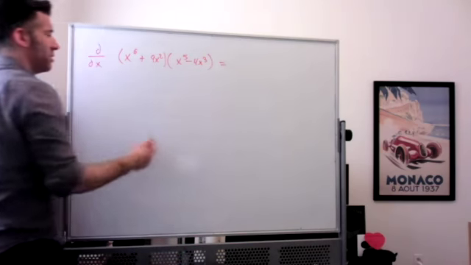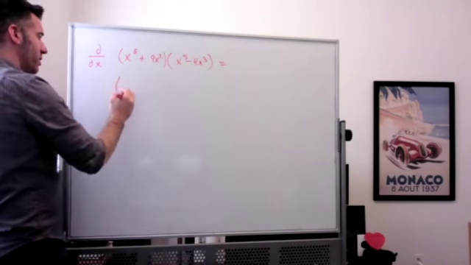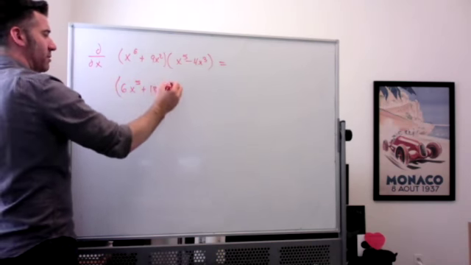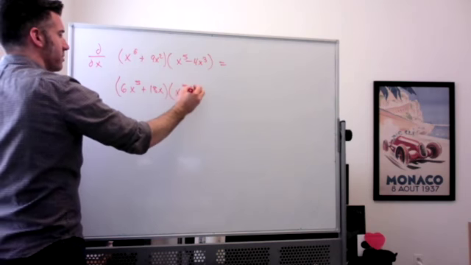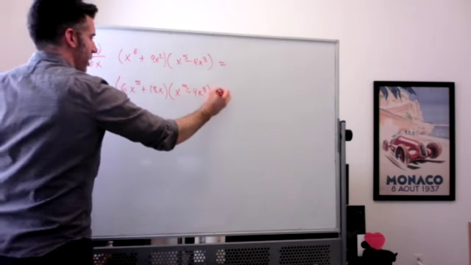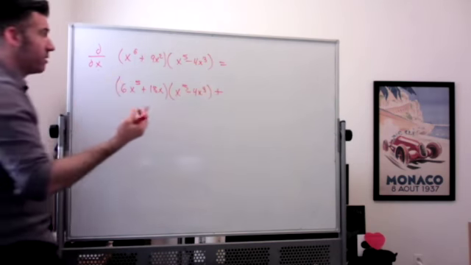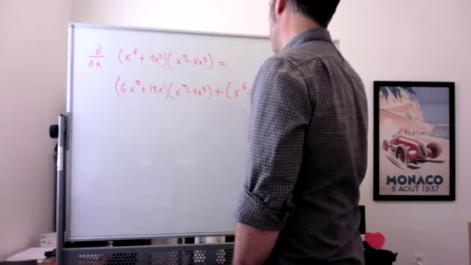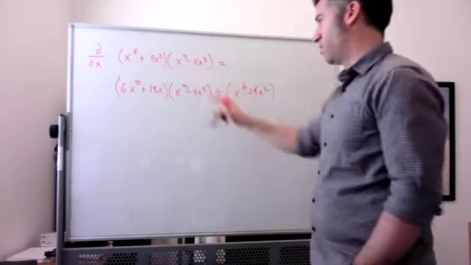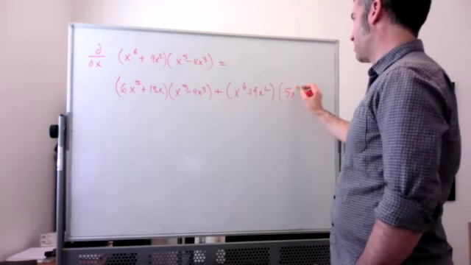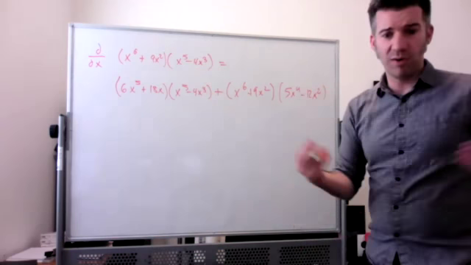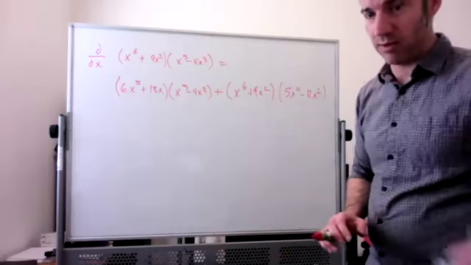It's going to be the derivative of this, so 6x to the fifth plus 18x times the not derivative of that, plus, do it the other way, the not derivative of this, x to the sixth plus 9x squared, times the derivative of this, which is 5x to the fourth minus 12x squared. And then you could multiply it out and simplify it. That's not what the point is here, though.